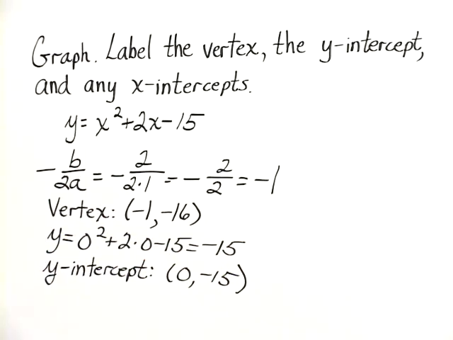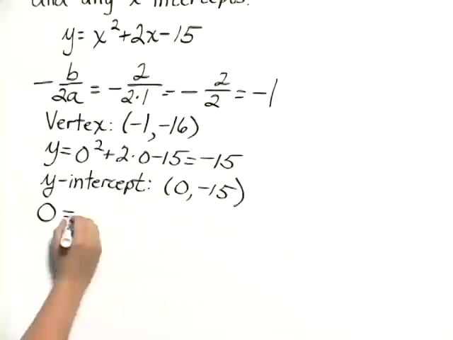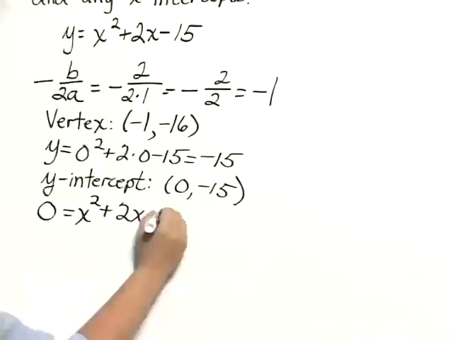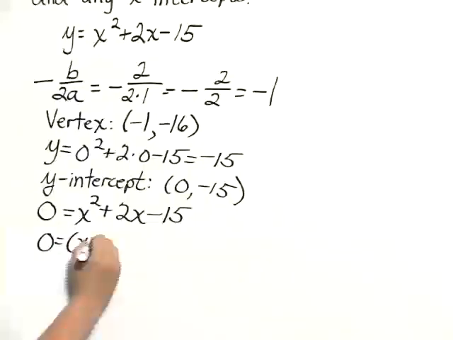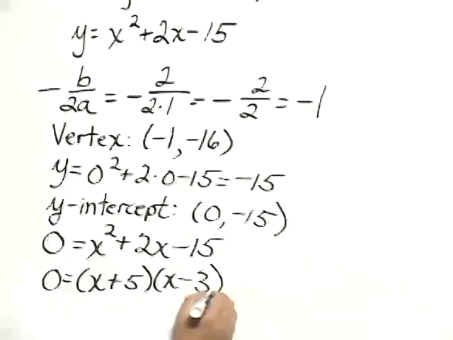What about the x-intercepts? Well, the x-intercepts are where y is 0. So let's let y equal 0 and solve for x. We have 0 equals x squared plus 2x minus 15. And here we need to factor. 0 equals x plus 5 times x minus 3.